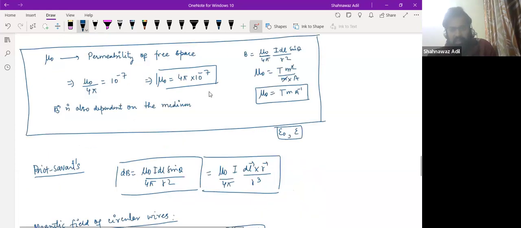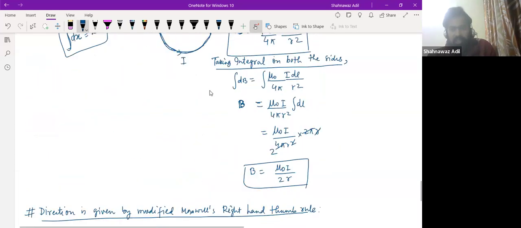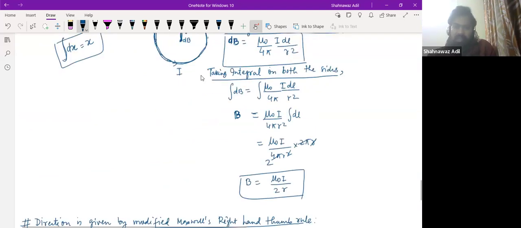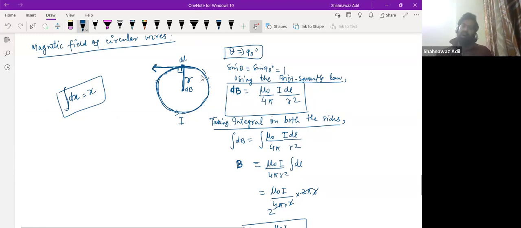So now in this case, what is the modified Maxwell's right hand thumb rule? We have to curl our fingers in the direction of the current. If we curl our fingers in the direction of the current, what is the direction that the thumb is pointing out? If you look at the screen, what would be the direction the thumb is pointing?